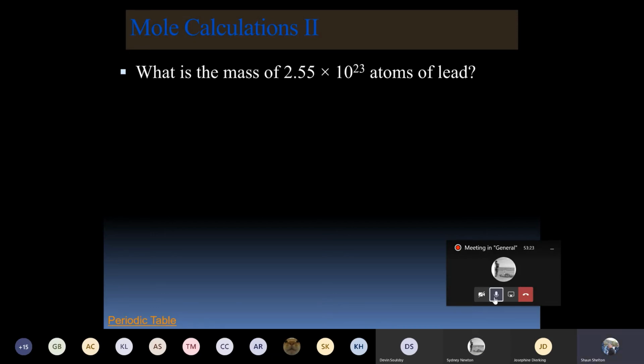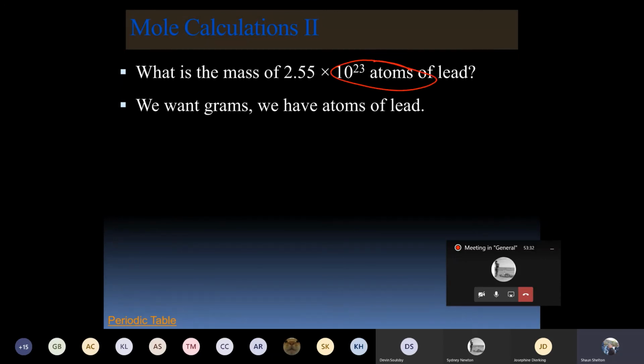Okay, so I'm gonna go start working on it here. So this problem is dealing with atoms. So you have atoms, and we want to solve for mass, and mass is grams. So this is a problem where we have to convert atoms to grams. So this is not a simple one step type problem.